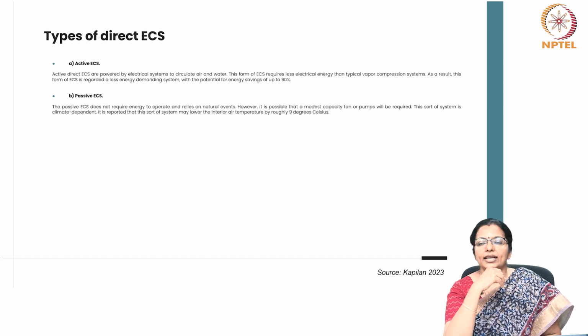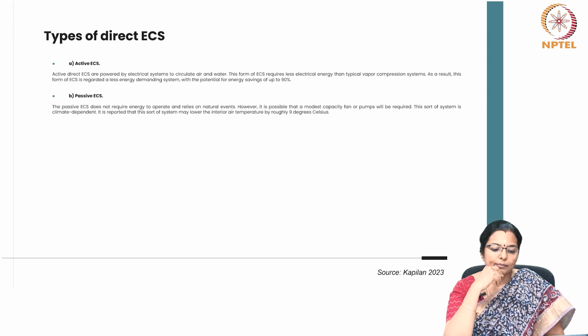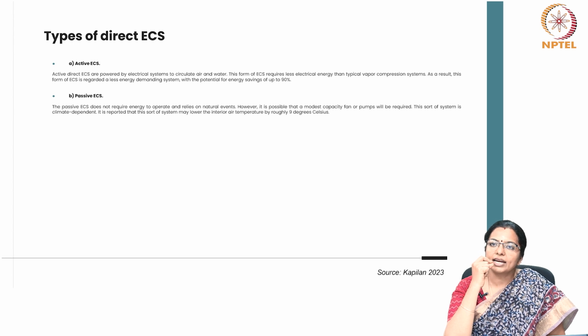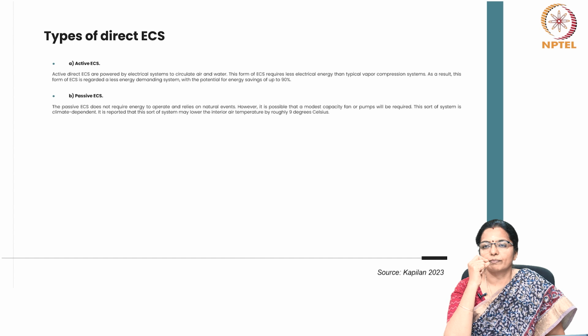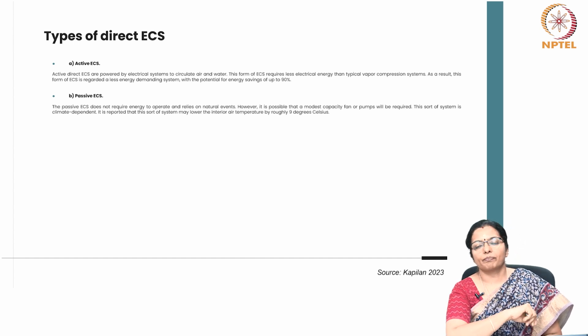Now, if you look at the types of ECS, first is active ECS. Active direct ECS are powered by electrical systems to circulate air and water. This form of evaporative cooling system requires less electrical energy than typical vapor compression systems.